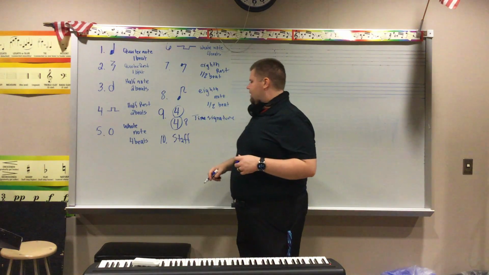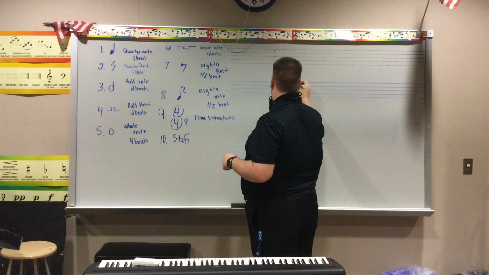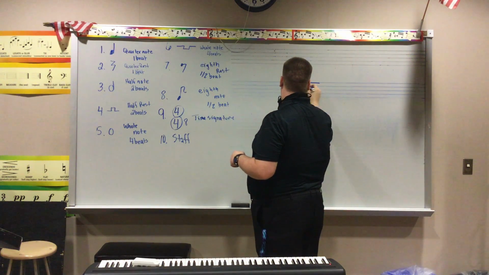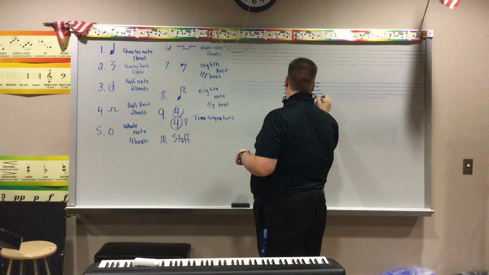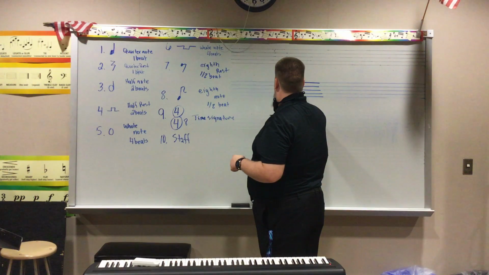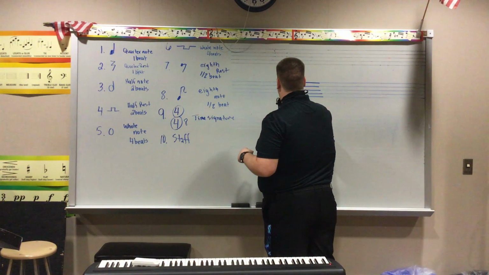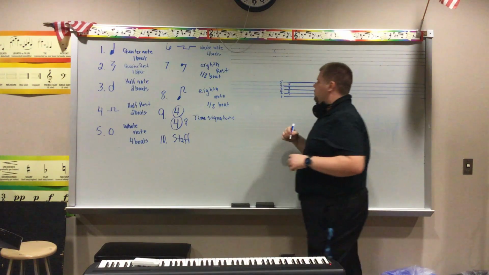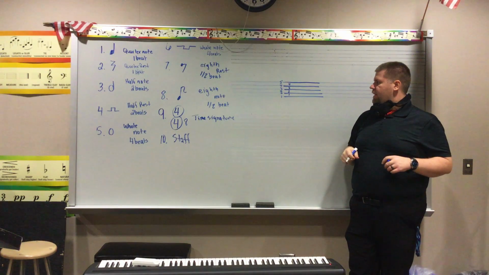The last one is a staff. The staff is up here if you can see it. The staff has 5 lines, and then the spaces: 1, 2, 3, and 4. So you have 5 lines, 4 spaces, and that's the staff.